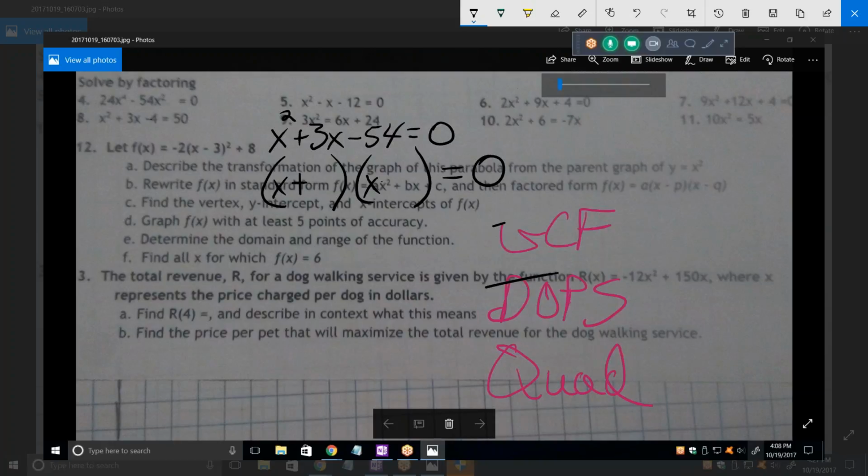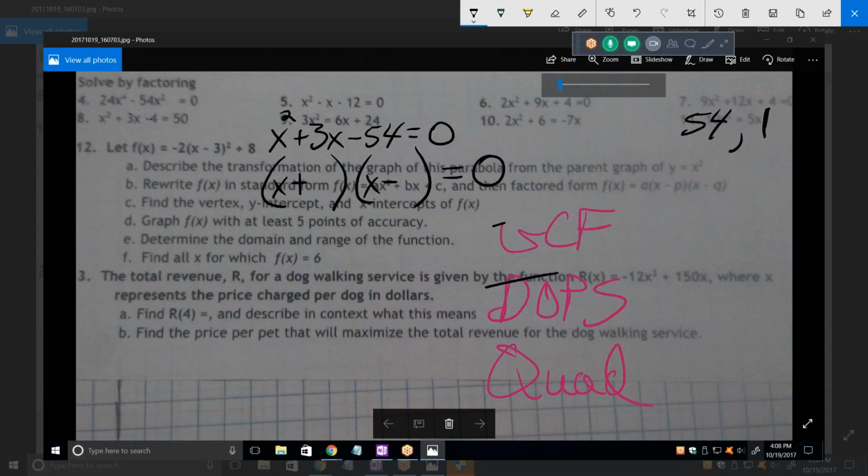And then what's the third rule? No, it's got to be factors of 54. In other words, the last two numbers that I write have to multiply together to 54. And I've got to subtract to 3.